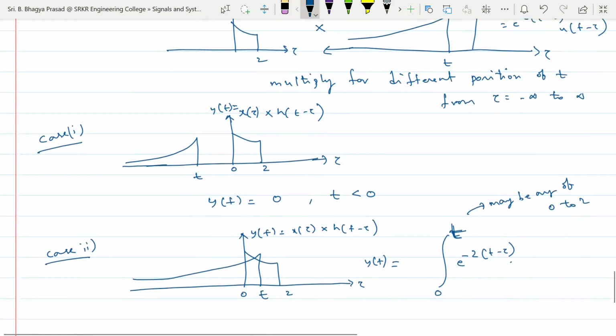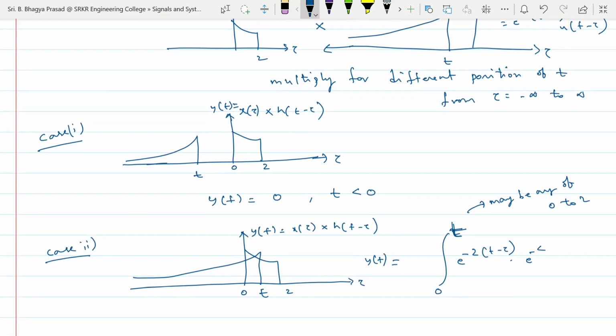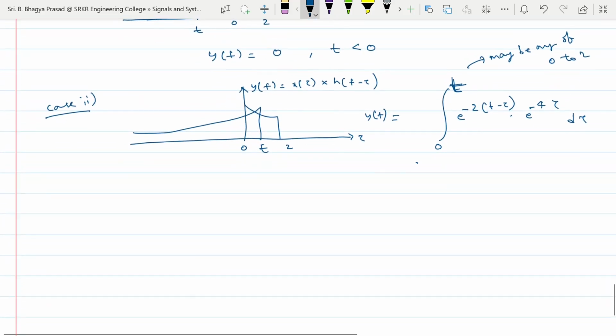Let me write it as e power minus 4 tau d tau. So let's solve this expression. I'm bringing e power minus 2t outside the integral 0 to t, e power minus 2 tau d tau.